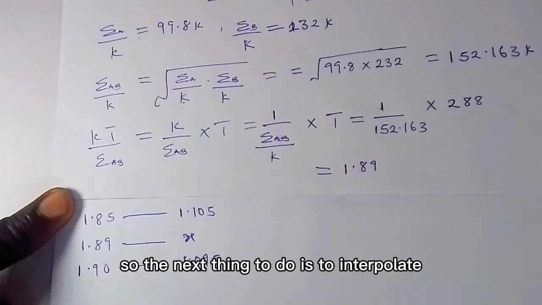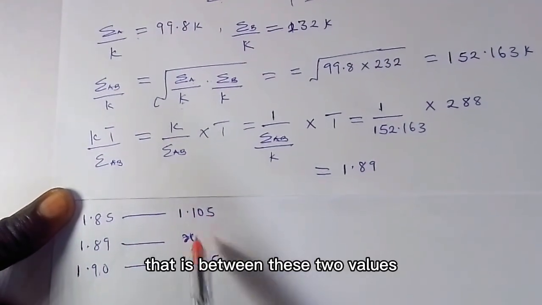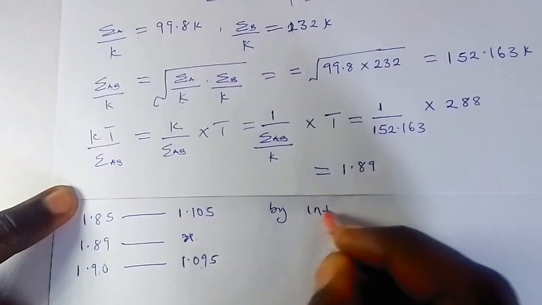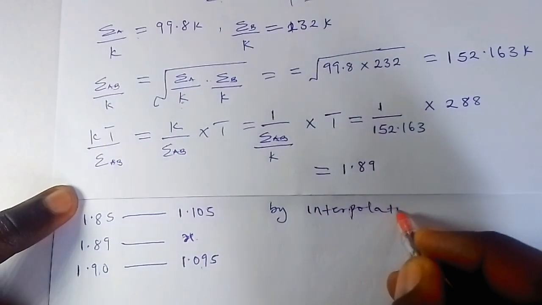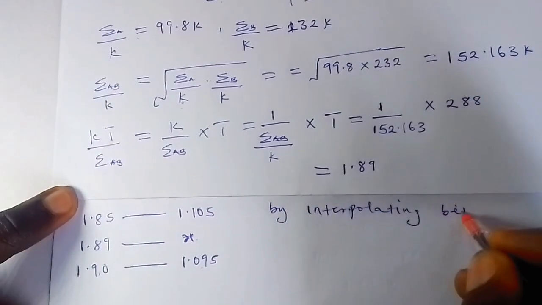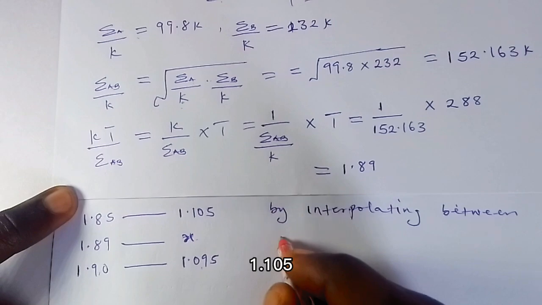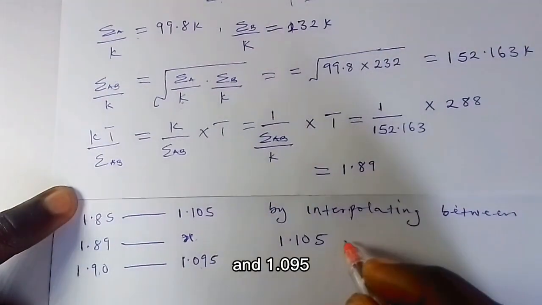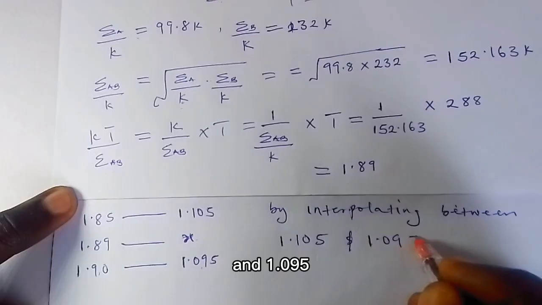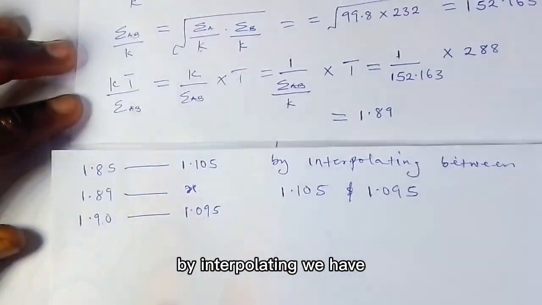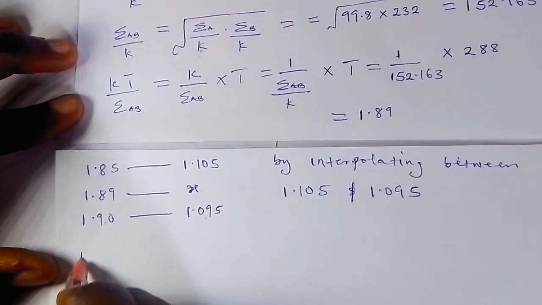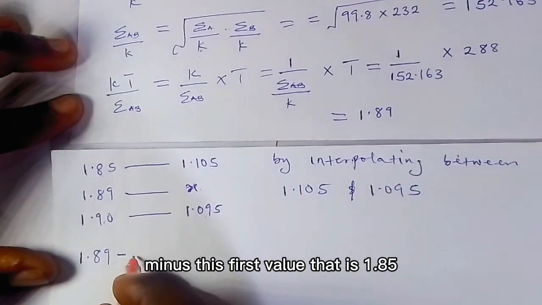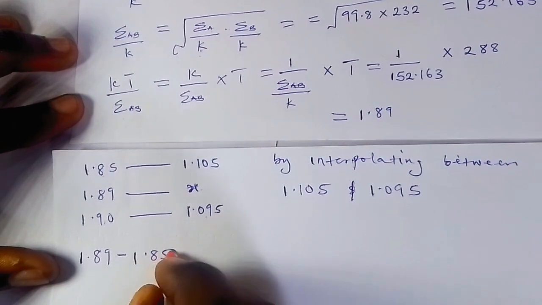So the next thing to do is to interpolate between these two values, that is between 1.105 and 1.095, for us to get the value corresponding to 1.89 that we are looking for. I'm showing you how to interpolate.